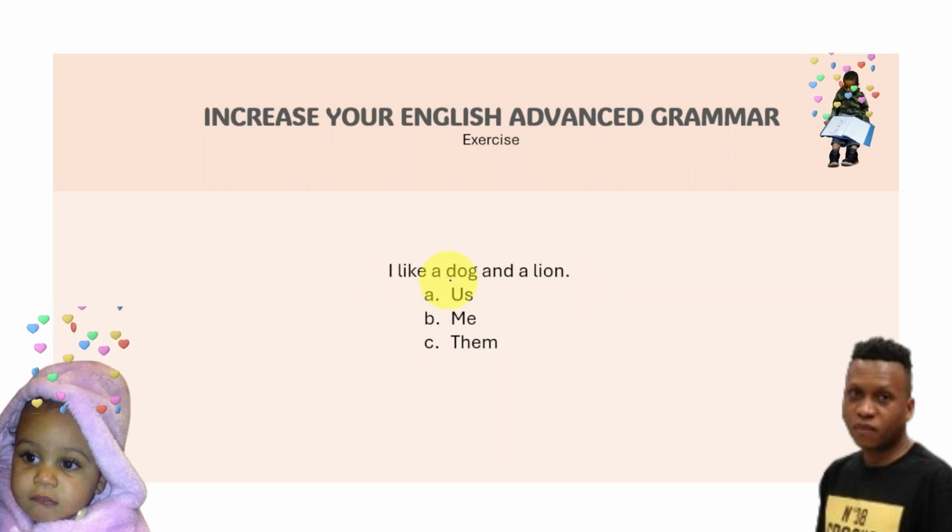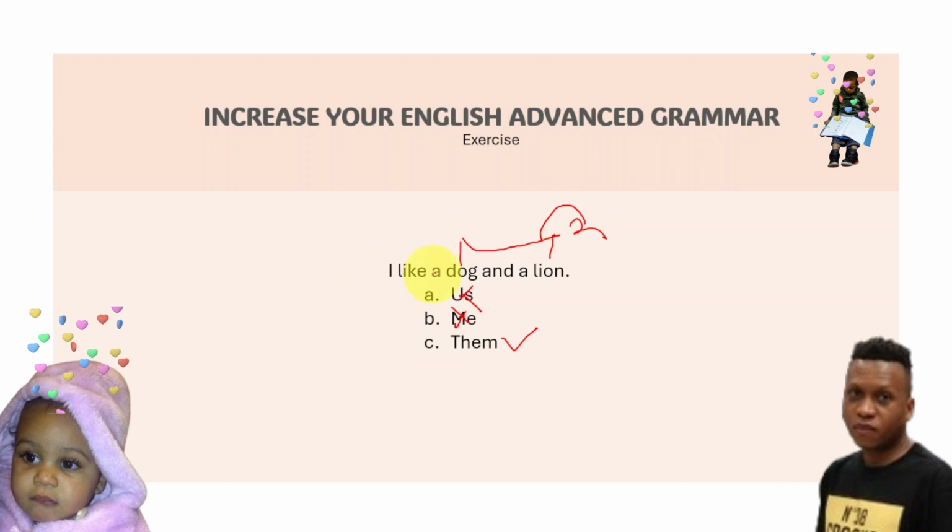So us is wrong. Me, wrong. Them, yes, because here we're talking about a dog and a lion, so two of them. When we put this together, it equals two of them. So I like them.